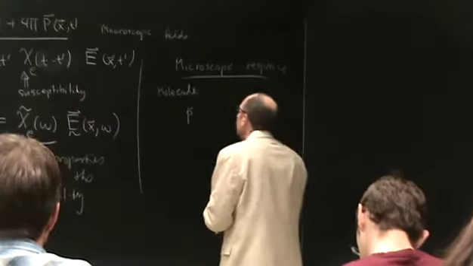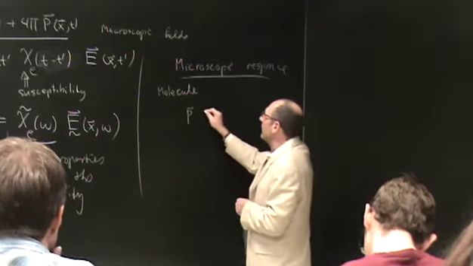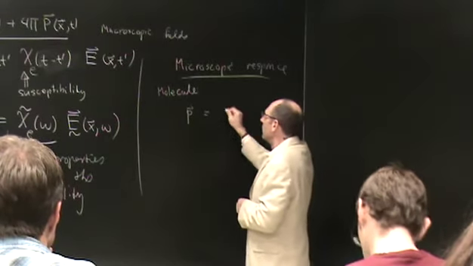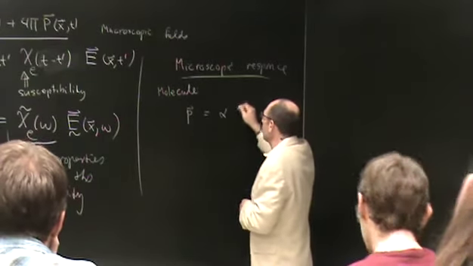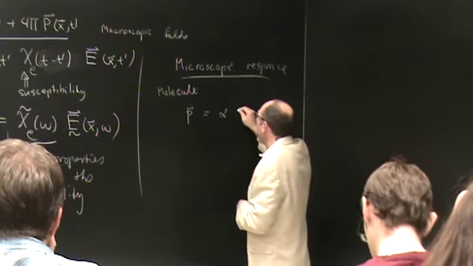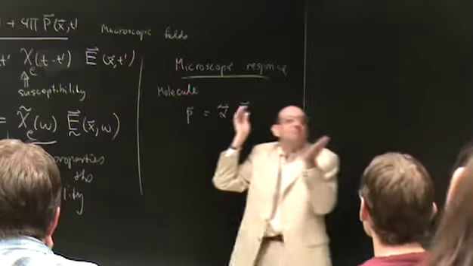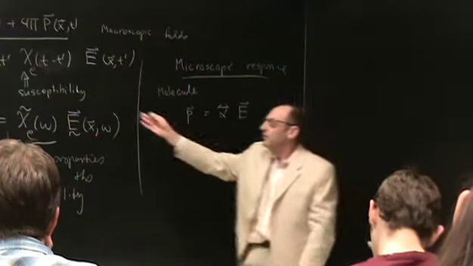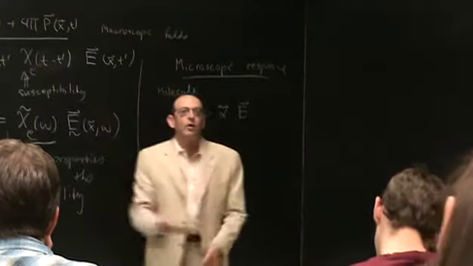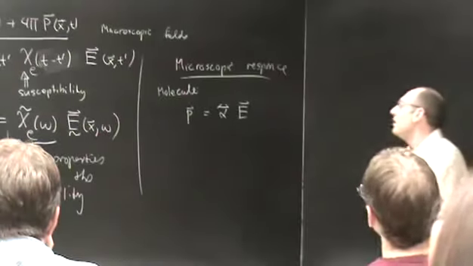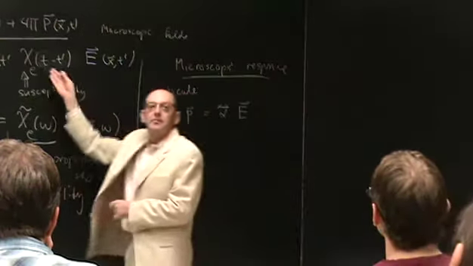And again, in the linear approximation, we would say that that's proportional to the field through a proportionality constant that we call alpha, which generally will be a tensor, in the same way that the susceptibility would generally be a tensor.